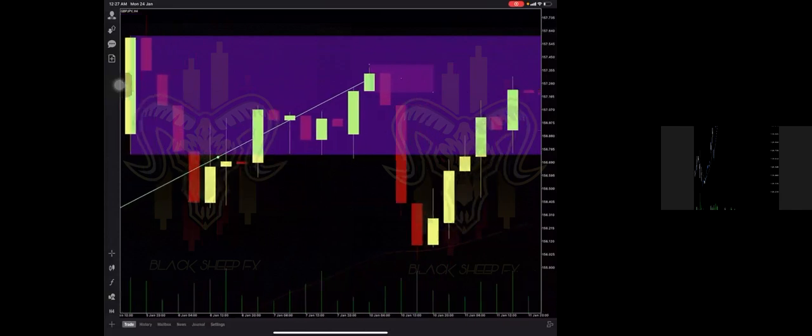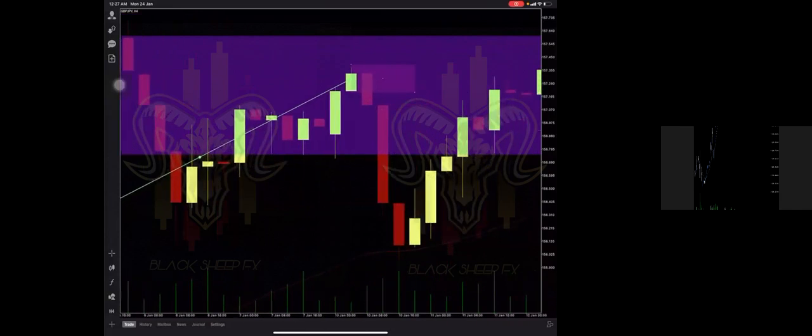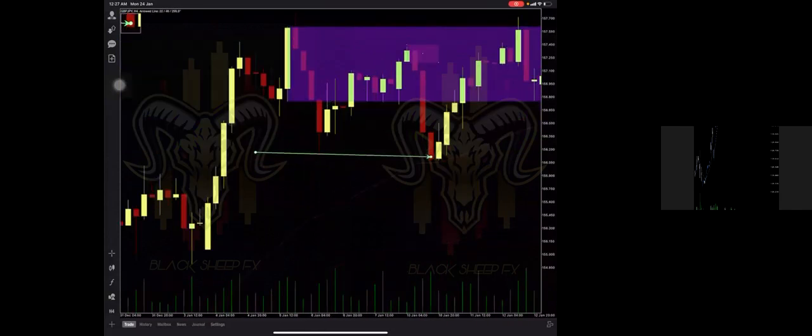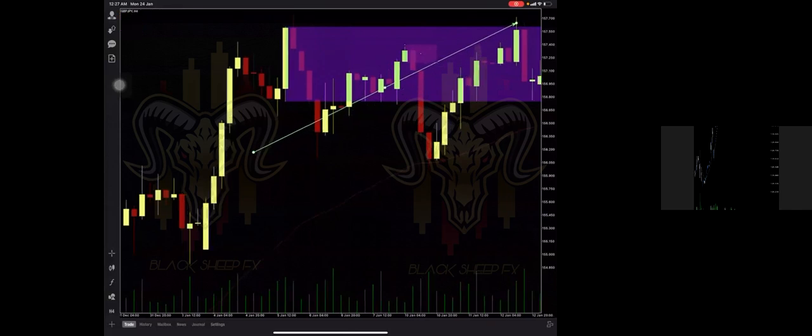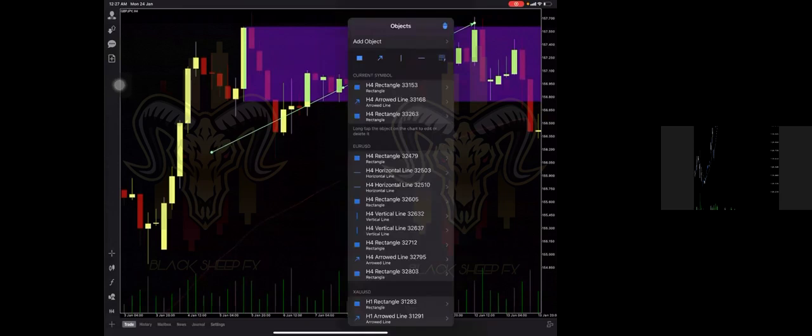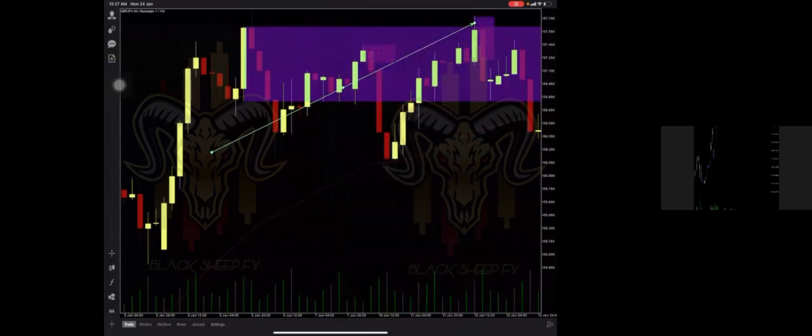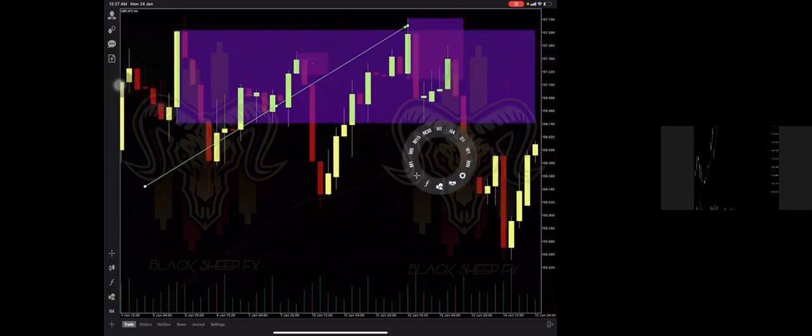Engulfing sell number 2. And then came back out. A better sideways. Did it break the box? It didn't. There's another engulfing sell here, and then there's another engulfing sell here.